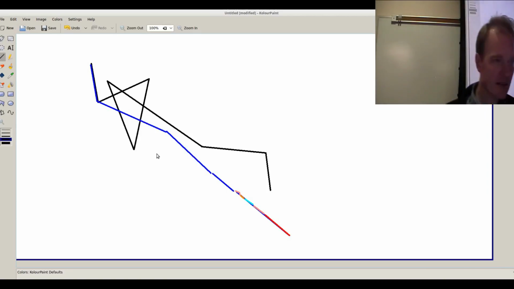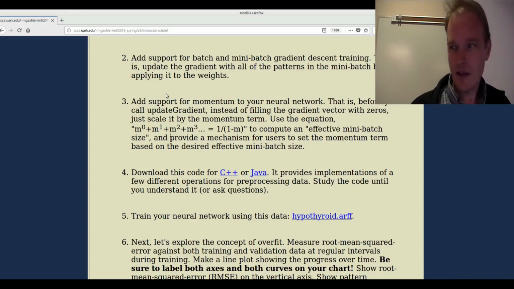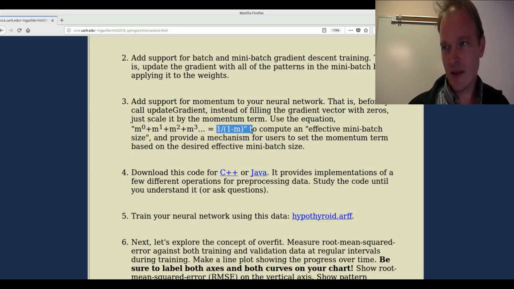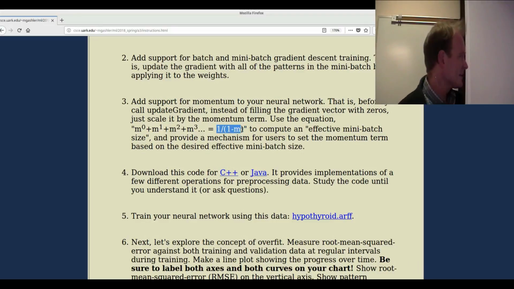So this equation doesn't exactly tell you how many gradients have contributed to your current gradient, but it does give you what it would be if you had taken an infinite number of steps.